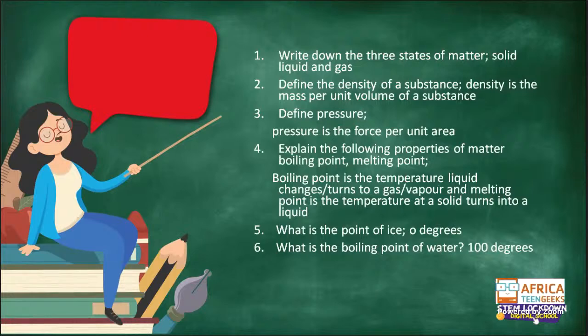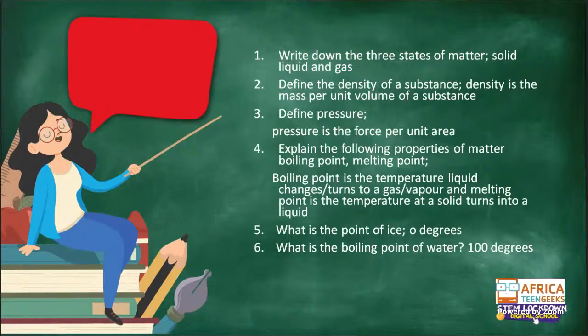Okay. Now question three, define pressure. Some of you were defining it in another way of which you were correct. But we can also say that pressure is the force per unit area. Now explain the following properties of matter: boiling point and melting point.